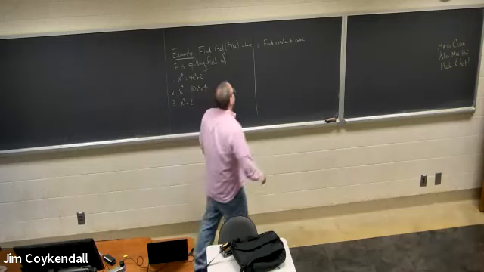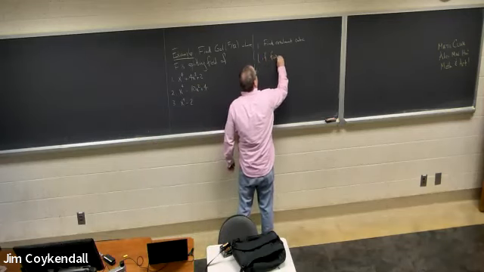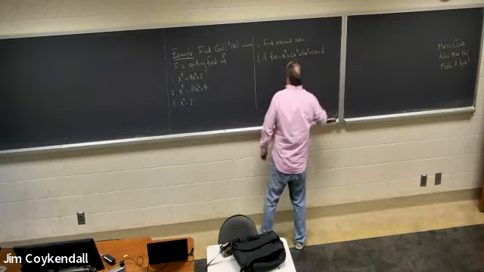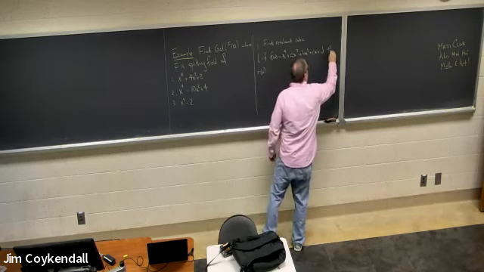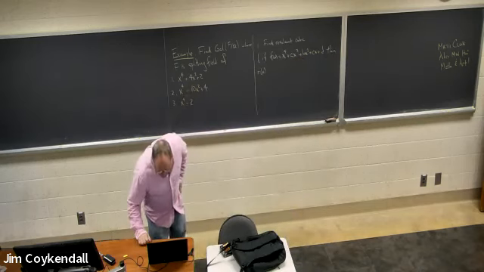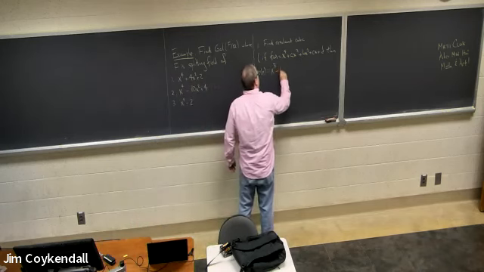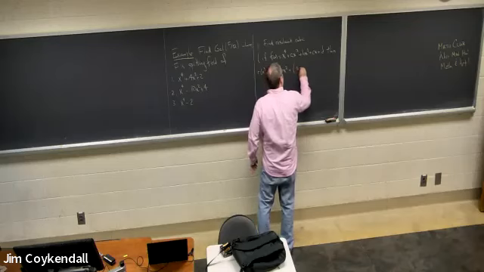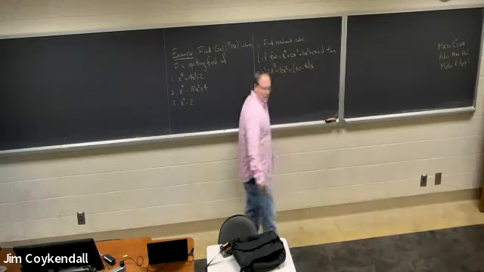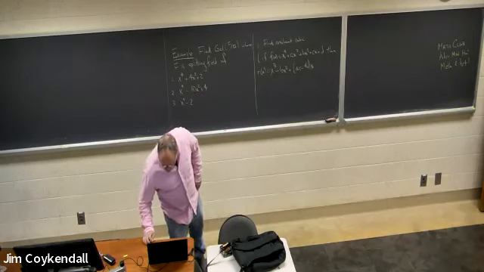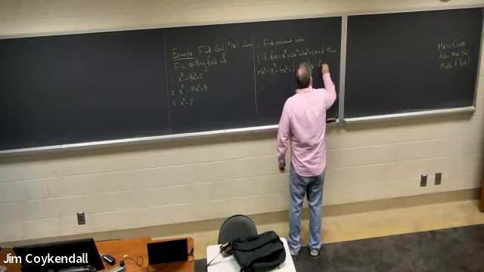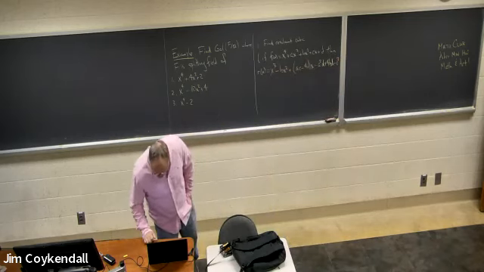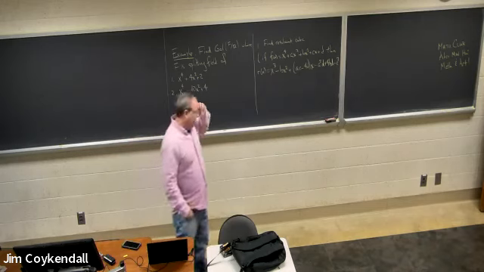This would be f of x, which is x^4 plus ax^3 plus bx^2 plus cx plus d. And the resolvent cubic is x^3 minus bx^2 plus (ac minus 4d)x, and the last term here is minus a^2 d plus 4bd. Okay, good.